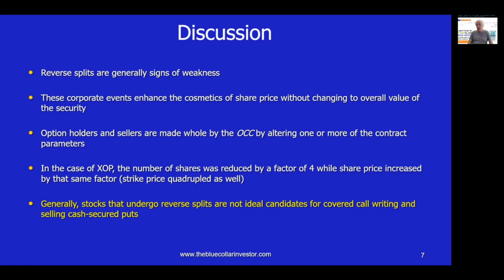Now, generally speaking, because reverse stock splits are a sign of weakness, these securities are not the ideal candidates for covered call writing and selling cash secured puts. But if this type of thing does happen to you and you hold these contracts and you're wondering, what happened to my strike price? Why is the ticker symbol different? Hopefully, this podcast will be helpful in understanding what's taking place.